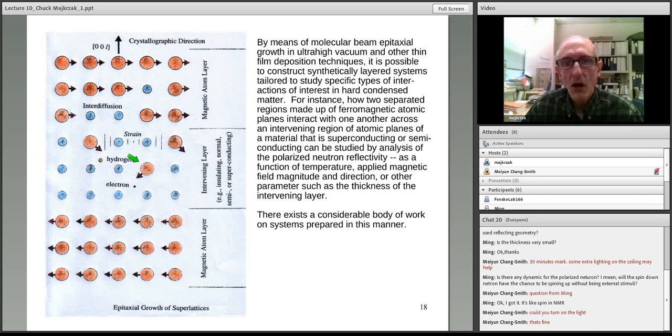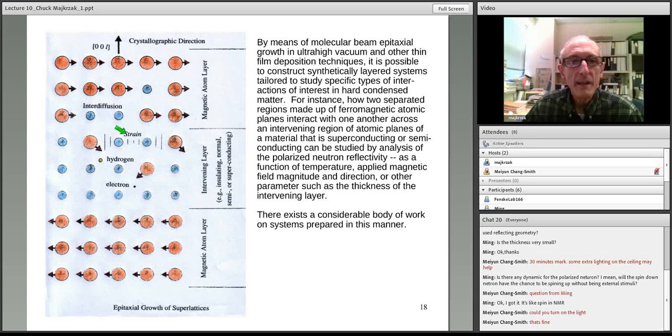So hard condensed matter physicists have used these synthetic layered systems to study how a magnetic layer interacts with an adjacent magnetic layer across a system where the electrons are in completely different types of states, like in a semiconductor or superconductor or whatever.